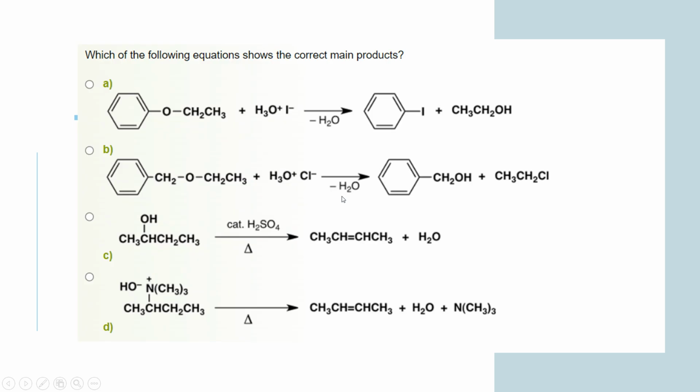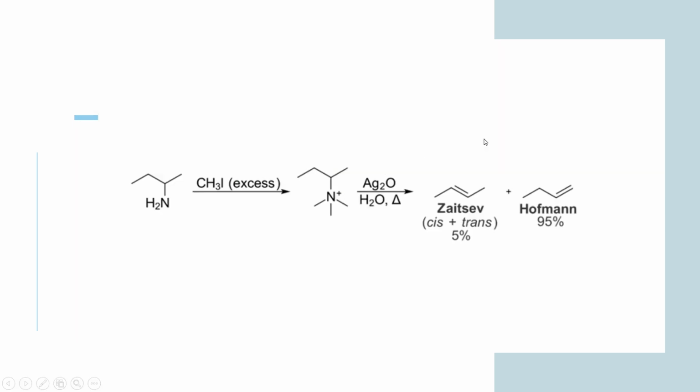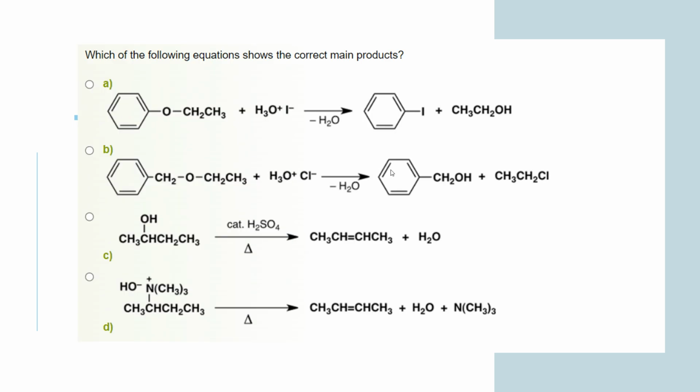When you treat this quaternary ammonium salt with elimination reaction conditions, you get elimination of this ammonium along with deprotonation, and overall you get an alkene as the final product.